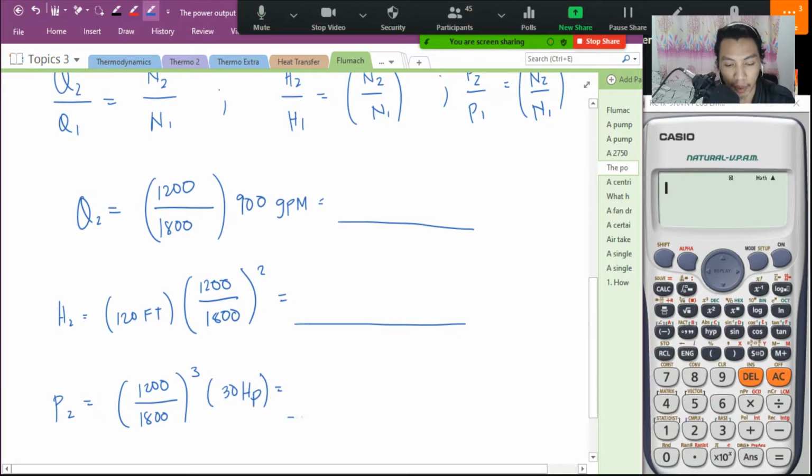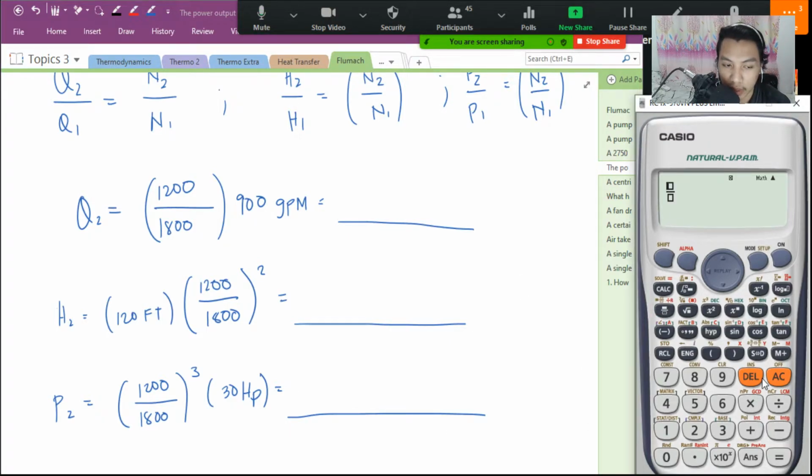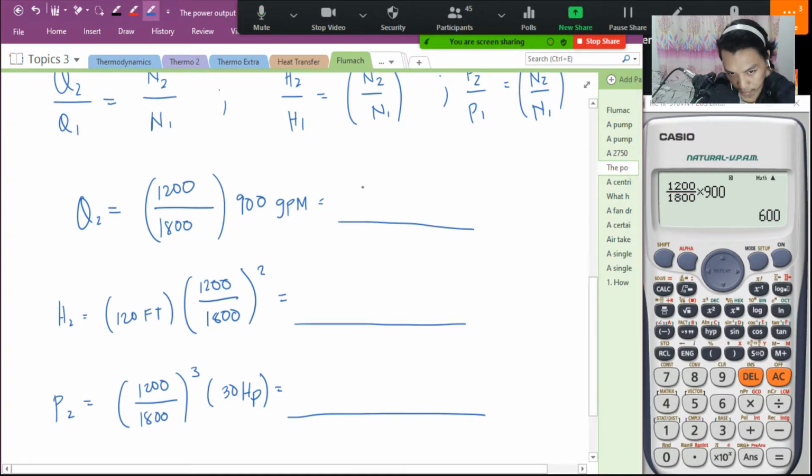Okay. Ano yung magiging values? Let us solve. So, 1,200 divided by 1,800 times 900. The answer is 600 RPM. How about ito?